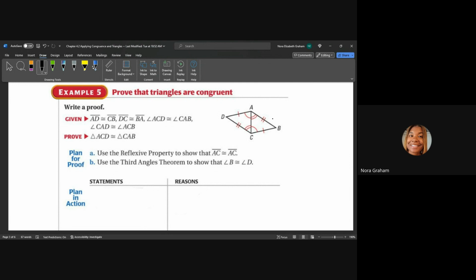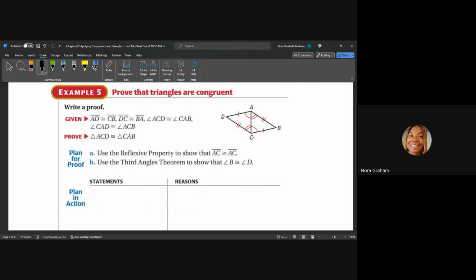They give us that AB and CB are congruent, and also DC and AB are congruent, and also that these angles they marked down are congruent. That's all given. They want us to prove that these two triangles, ACD and also CAB, are congruent.